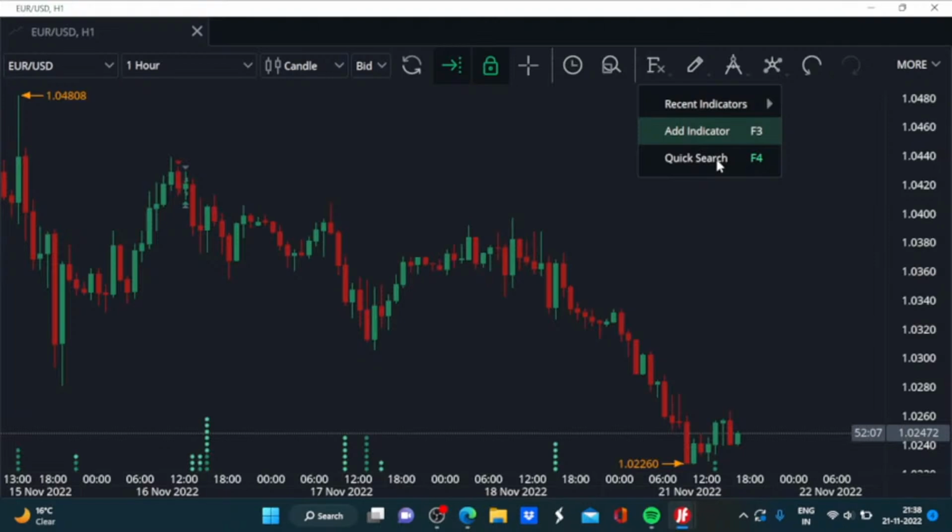Now, if we look at the Euro USD, if you are well aware of the concept of how the ATR is calculated, it is simply the difference between the current candle's high and low, or the difference between the prior close and current high, or the difference between prior close and current low.